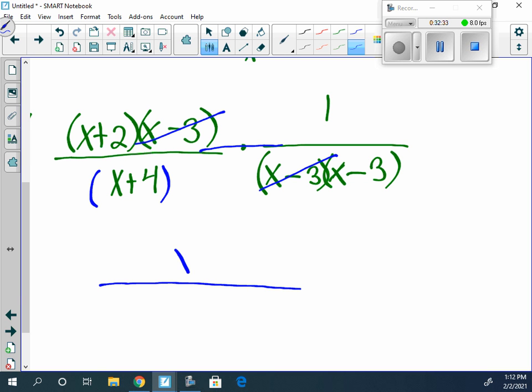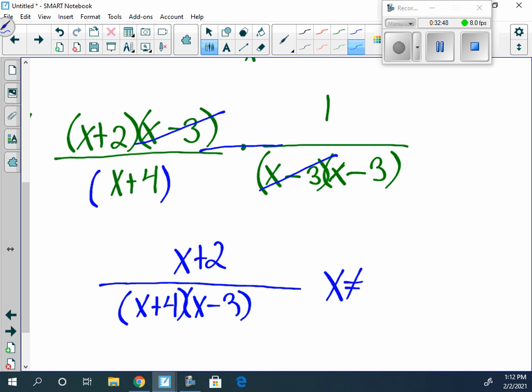So on top, that's going to leave us with x plus 2. And on bottom, we're going to have x plus 4 times x minus 3. We couldn't simplify that.